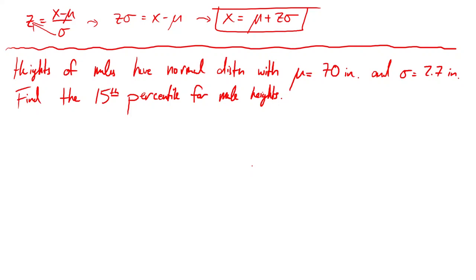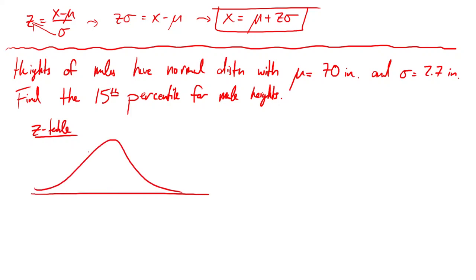Okay. So first we need to do what? We got to go get our z-score. And now is this one going to be positive or negative? This one's negative because it's below average, right? So we're going inside the table and we're looking for the 15th percentile. How close can you get?